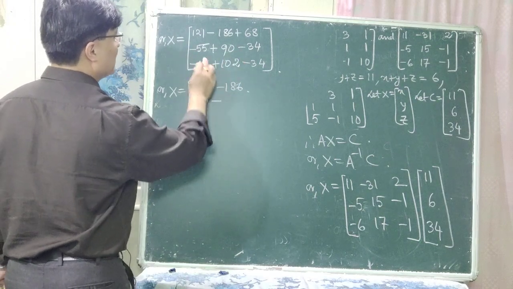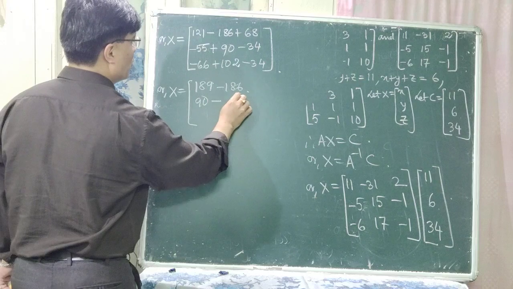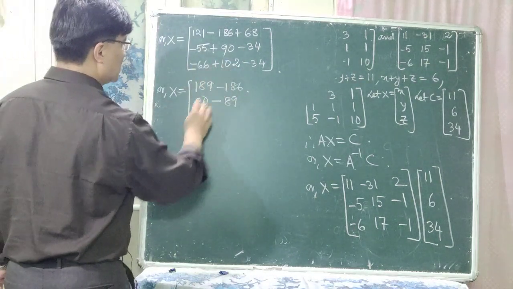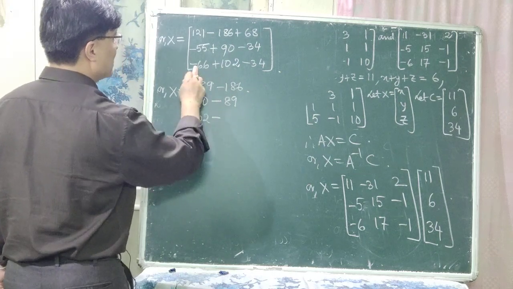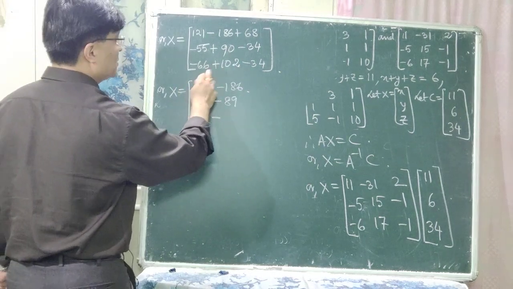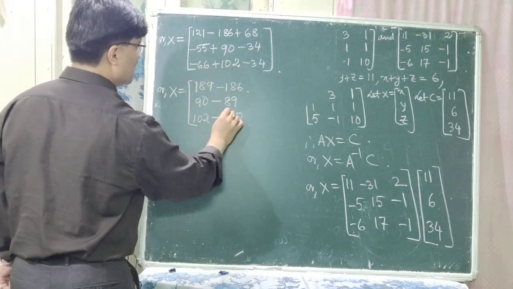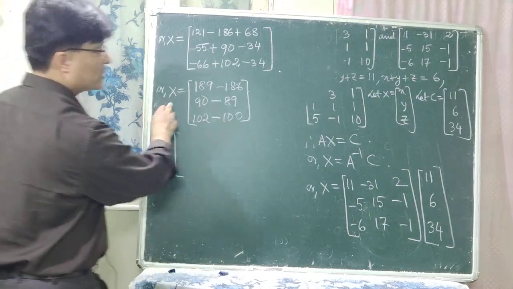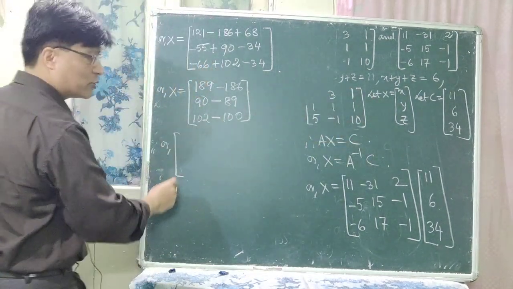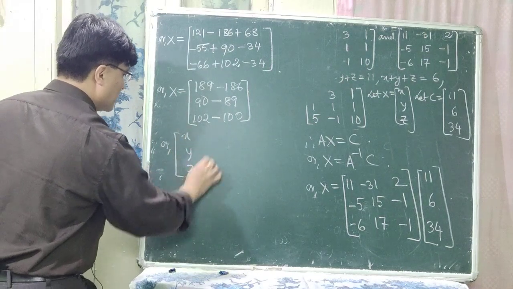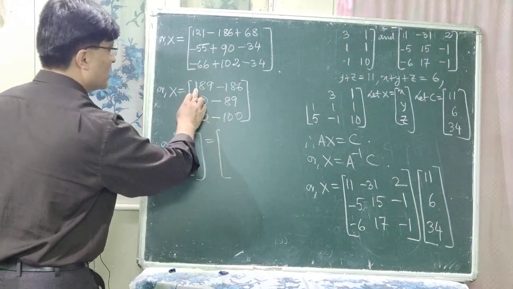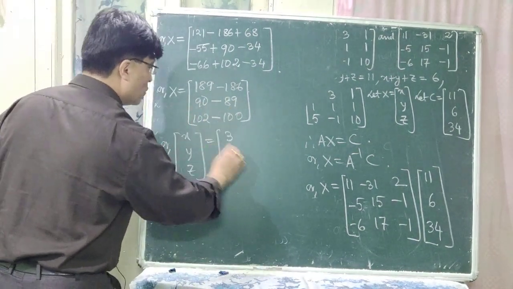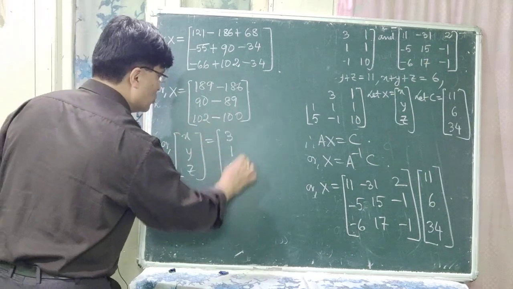Same sign, you can add them: minus 89. Then 102, with minus 66 and minus 34, which add to minus 100. But what was capital X? That is the column matrix x, y, z, which is equal to 189 minus 186, that is 3. 90 minus 89 is 1. 102 minus 100 is 2.